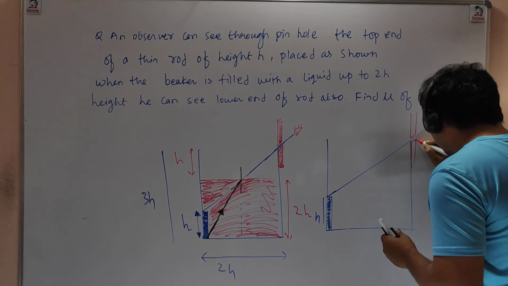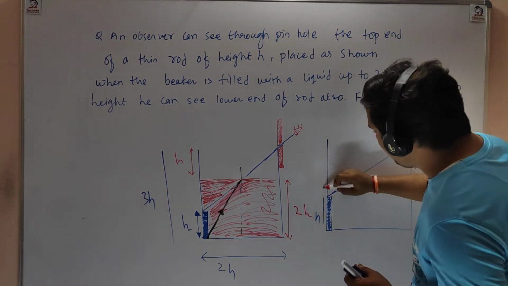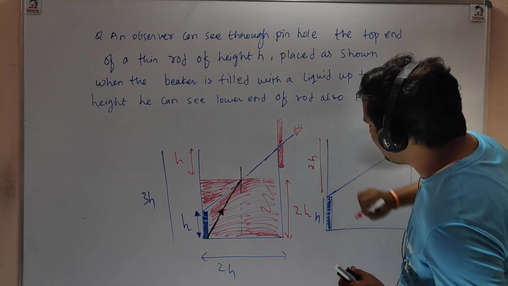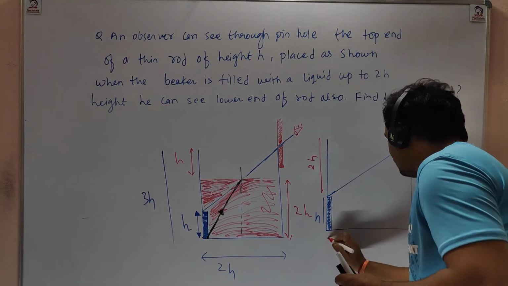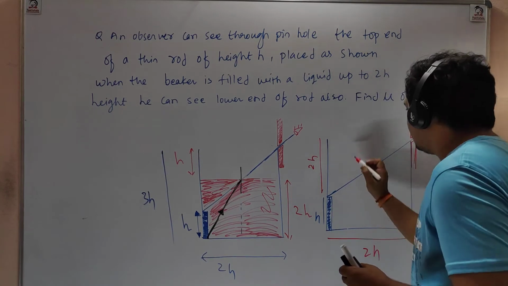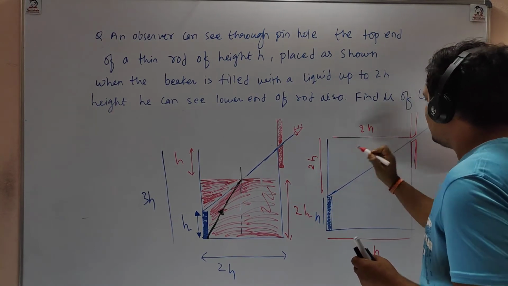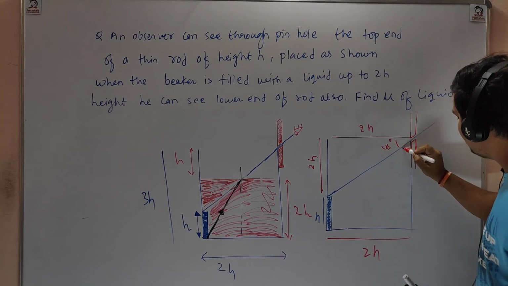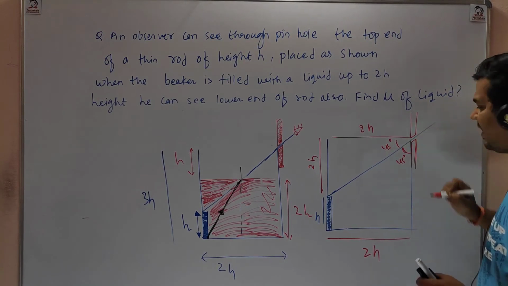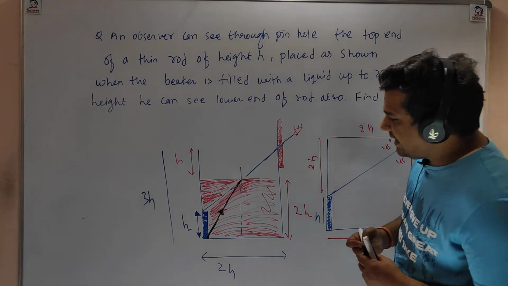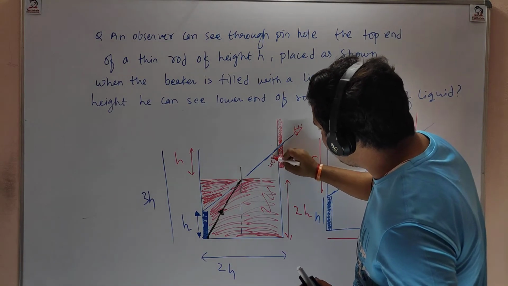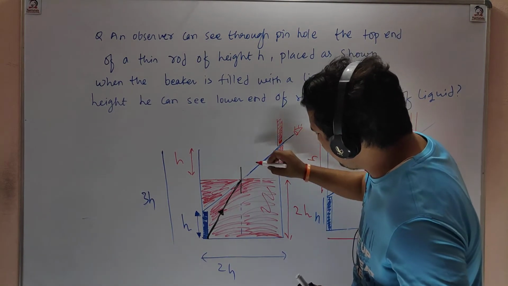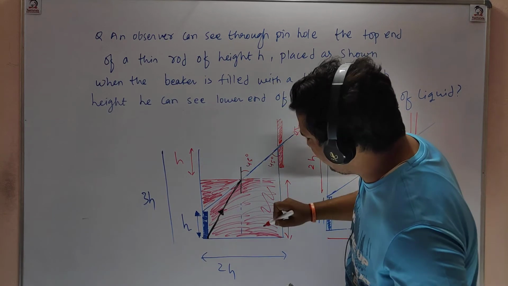Question is not easy. Now you see, if total height is 3h, so this height is 2h, and this is also 2h. So perpendicular and base are the same, so this angle is 45, so this angle is also 45. Agree? So we can say this angle is 45 degrees.